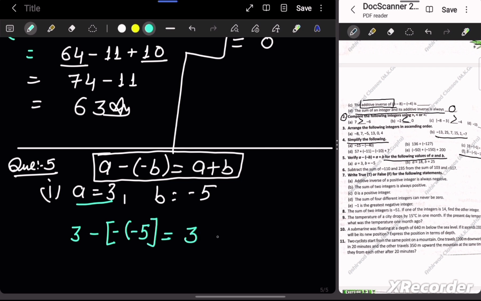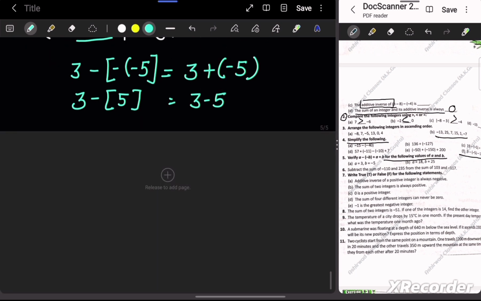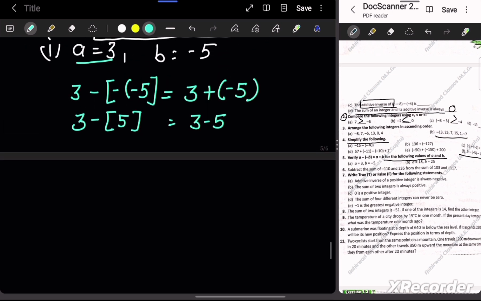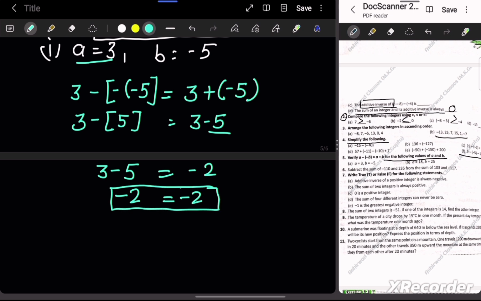Here A equal to 3 and B equal to minus 5. 3 minus minus is plus, so number is minus 5, plus minus minus, 3 minus 5 equal 3 minus 5. Here the negative integer is greater than the positive integer. Answer is minus 2. Here same, minus 2 equal minus 2.